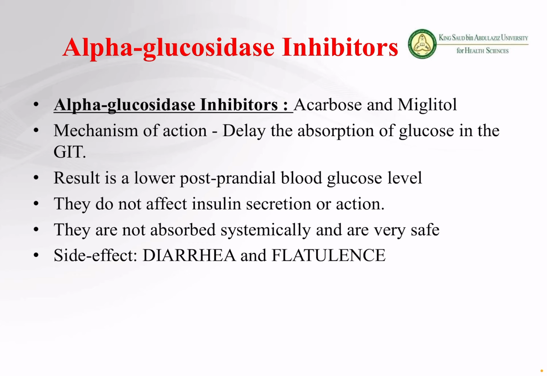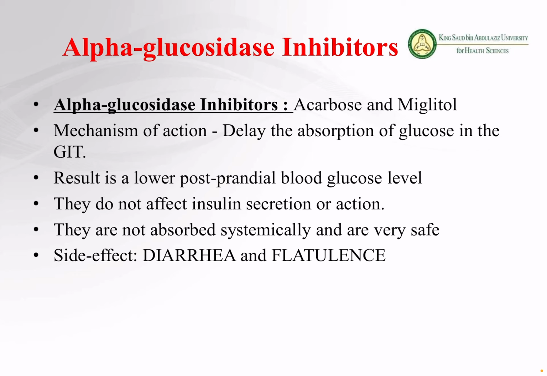Alpha glucosidase is an enzyme which increases the absorption of glucose. By giving these drugs, they inhibit alpha glucosidase. So how do they work? They delay the absorption of glucose in the gastrointestinal tract.